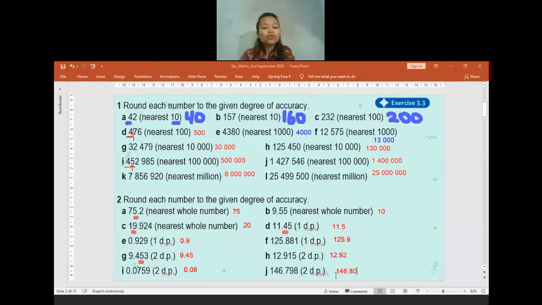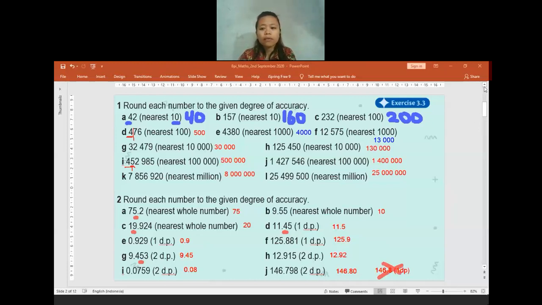If you do not write the 0 and only write 146.8, it will be only one decimal place. So you have to write the 0 also, because the question is asking for two decimal places. Even if it is a 0, you still have to write it. Is there anyone having any question?